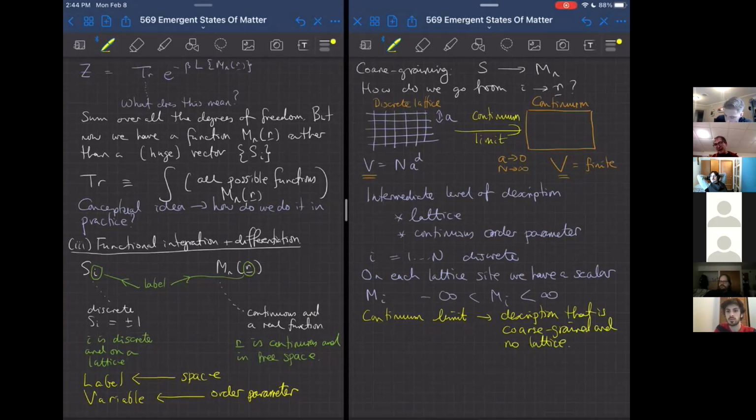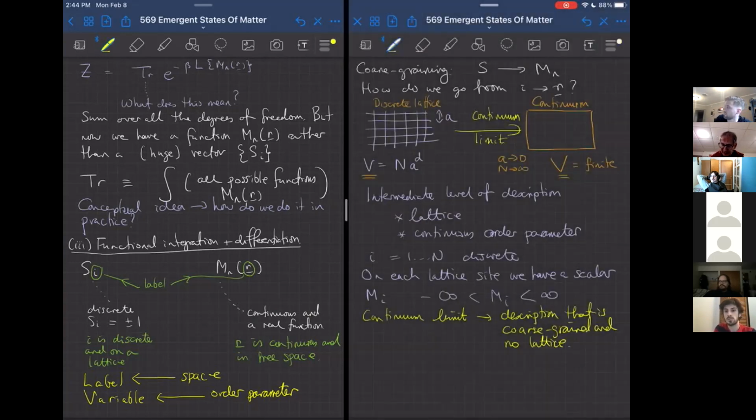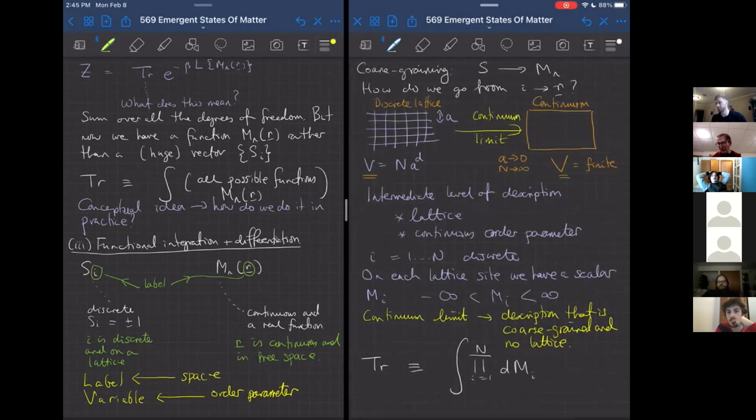So if I do that, then I might ask, well, what would the trace variable be? What would the trace function be in this kind of description? So now what I would mean by trace would just be very simple. I would just go through every lattice site in the system and then do an integral of the values of the order parameter at those sites.